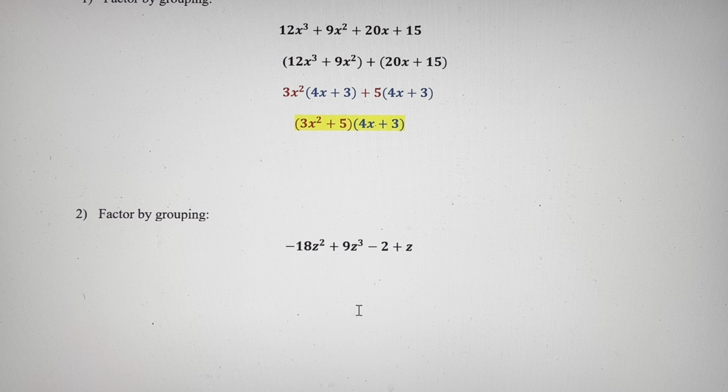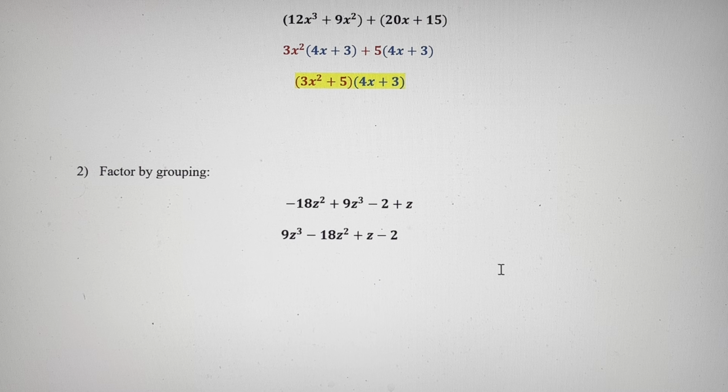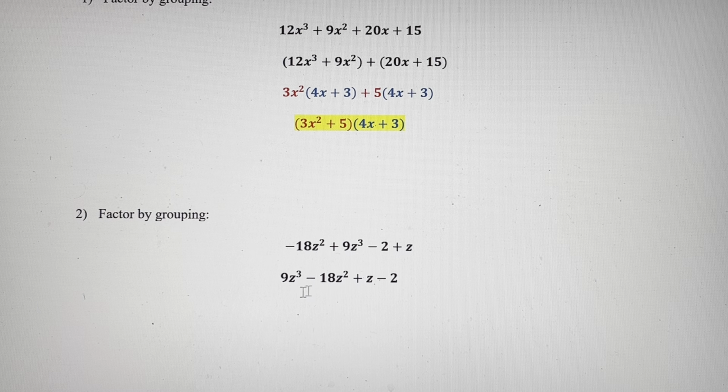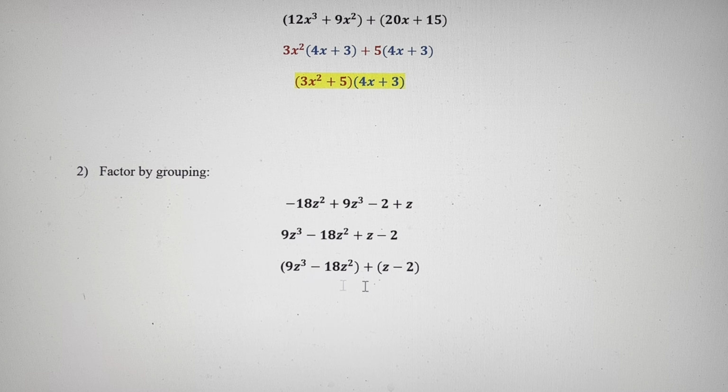So let's give number 2 a try. Notice we've got this 4-term polynomial. Notice it's not in standard form, so I want to rearrange it first. I want the z cubed to come first, then z squared, then z to the first, and then the constant. Just like we did before, we're going to group the first 2 terms together in parentheses, and we're going to group the last 2 terms together in parentheses. So within the parentheses, I want to look for a GCF if there is one. 9 and 18, both divisible by 9.